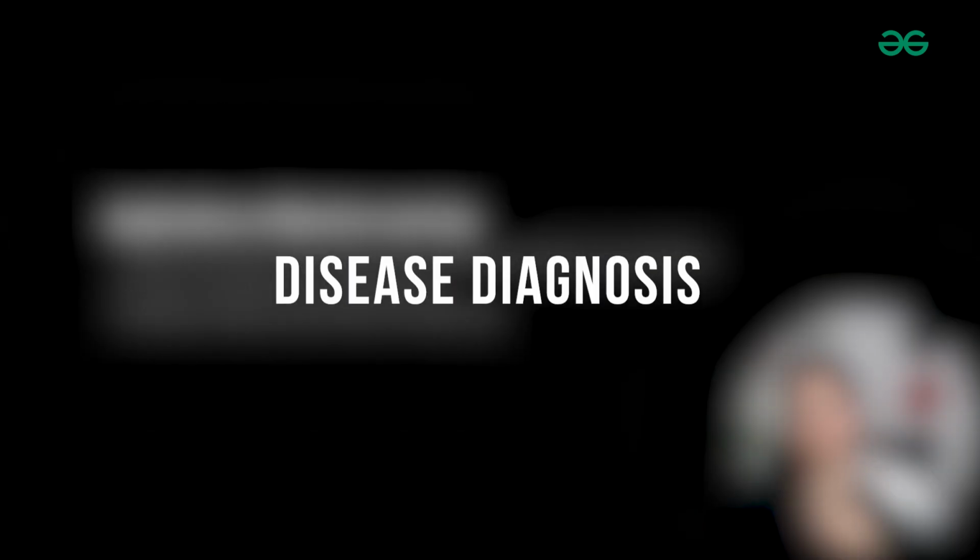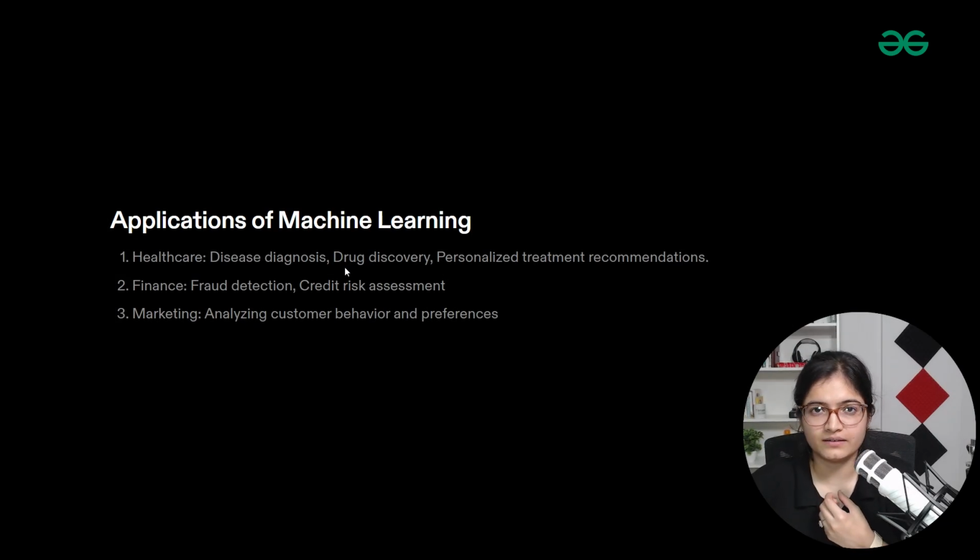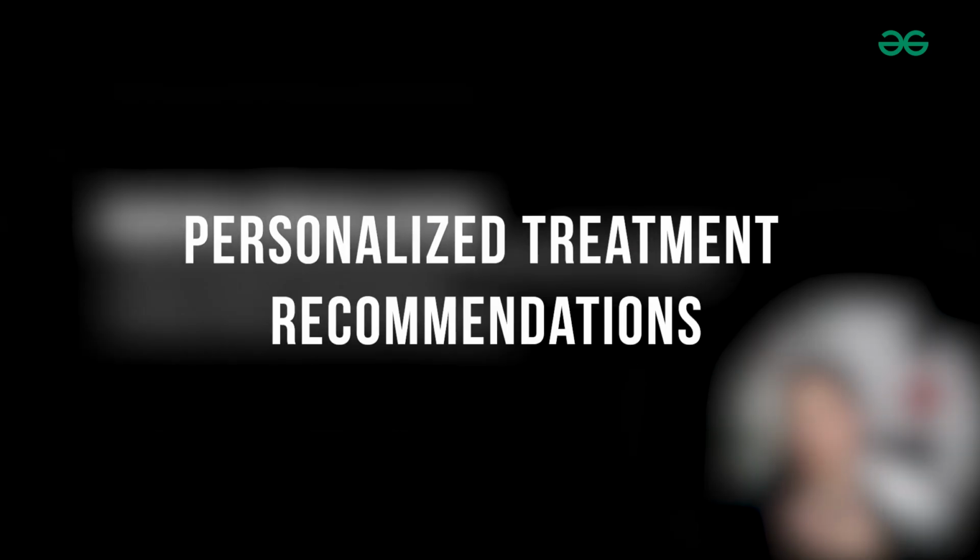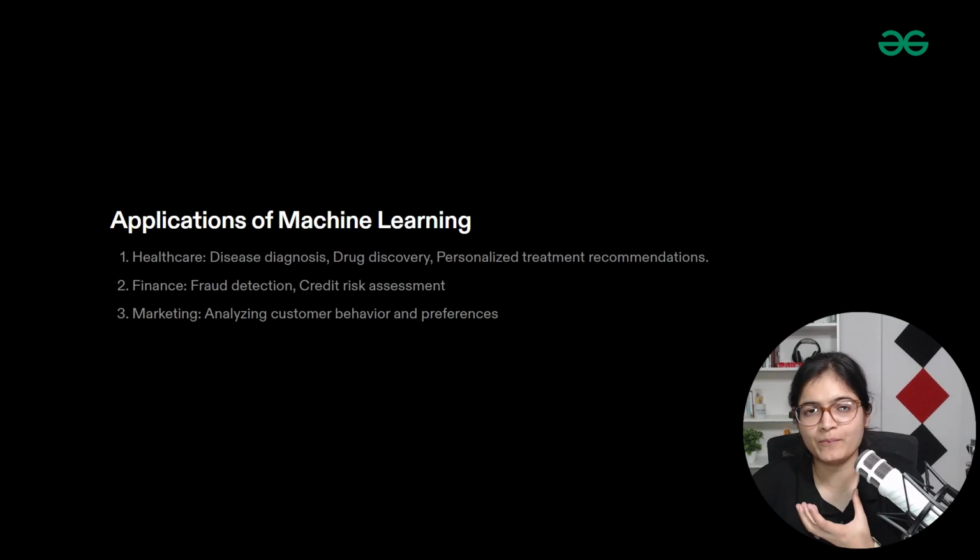Disease diagnosis, maybe if you want to detect, given the patient's data, given the features or the columns of the patient data, whether a person has cancer or not, whether a person has diabetes or not, whether a person has high BP or not, and many more scenarios can come here. Again, drug discovery and personalized treatment recommendation we can create with the help of the machine learning algorithms that we have.